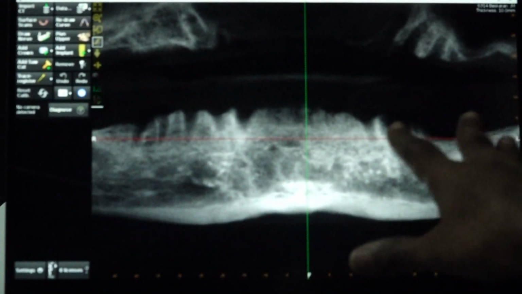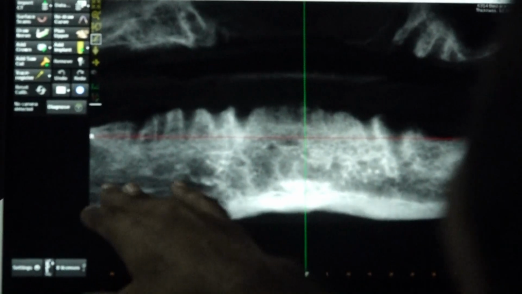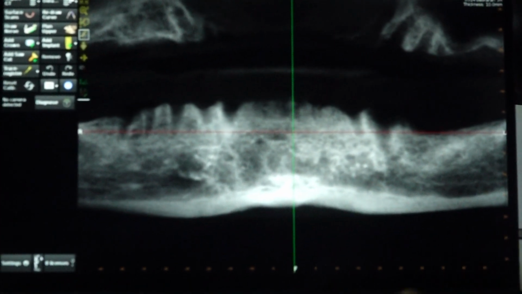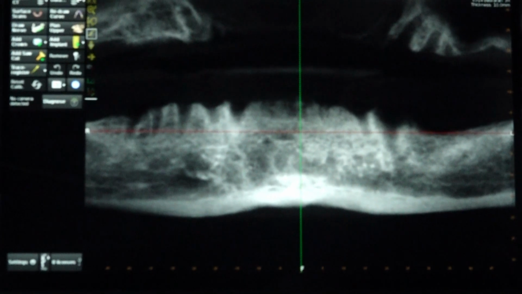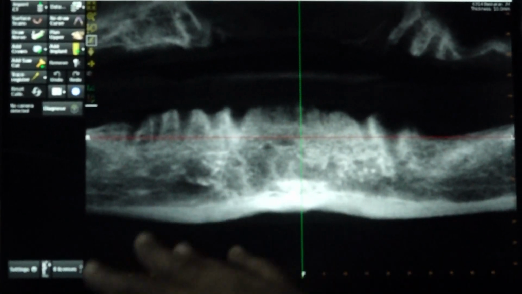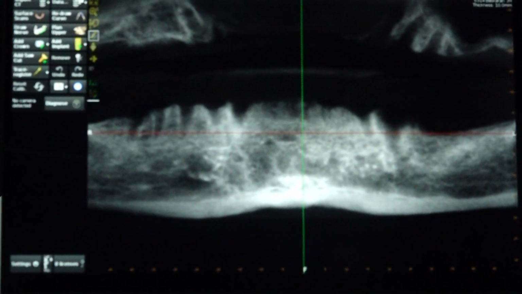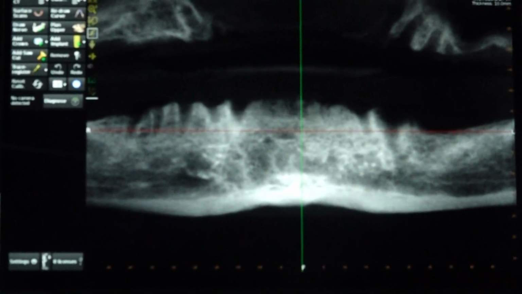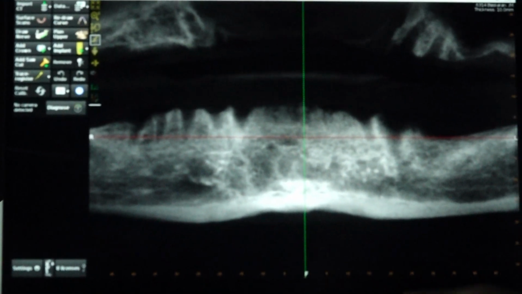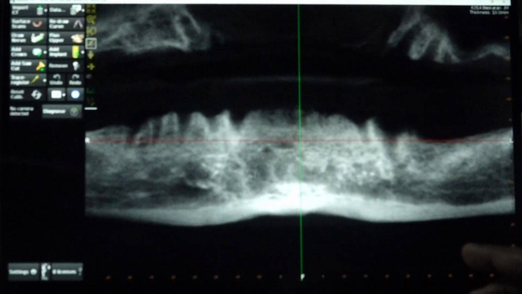Or you can place 6 implants in the interforaminal area and 1 implant in the distal mandible on each side. So if it is the 8 implant plan, there are 2 variations: either 4 or 6 implants in the interforaminal area and the rest in the distal mandible.